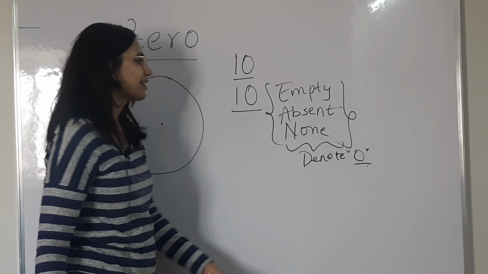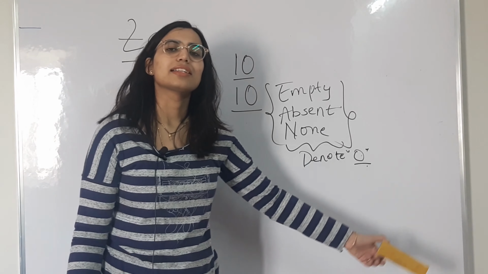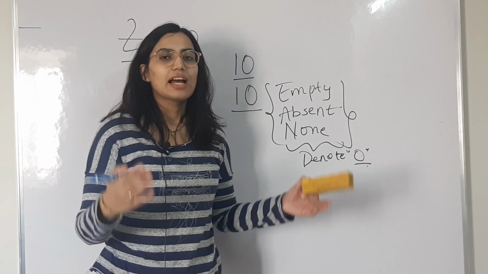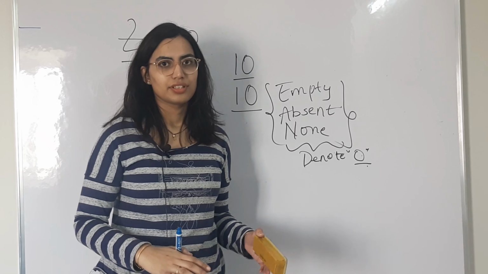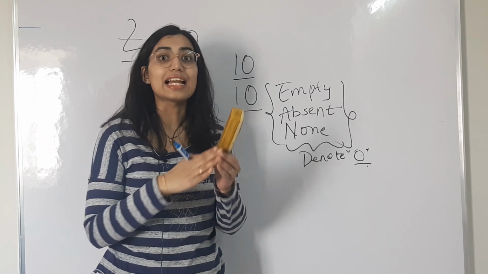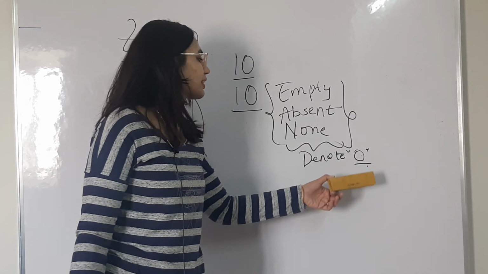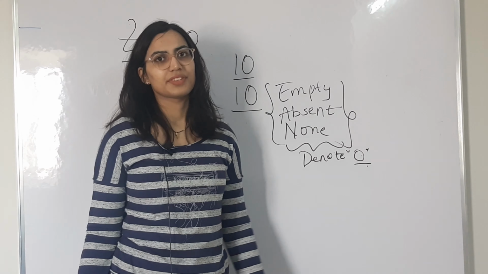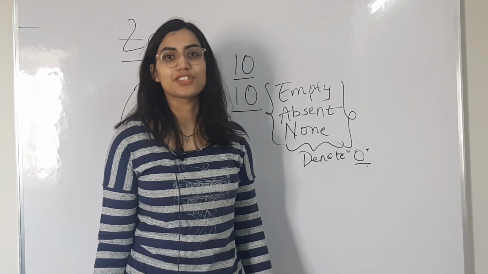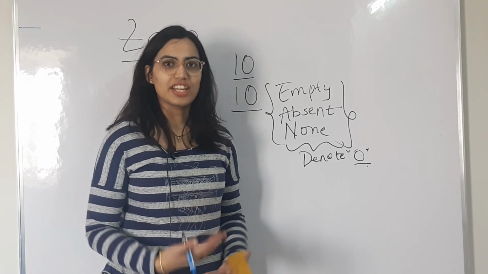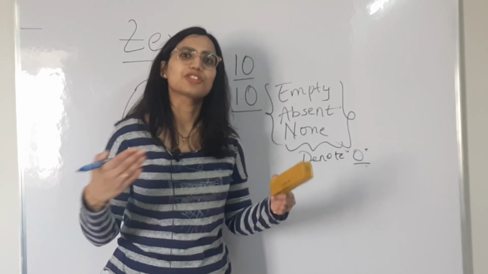That is, 0 is the absence of quantity. You don't have enough, or else you can say it's nullified completely, it's cancelled out completely. That is nothing but 0. That is the importance of 0 also. It allows you to know that okay, fine, my tray is empty, I should go and I should fill it.